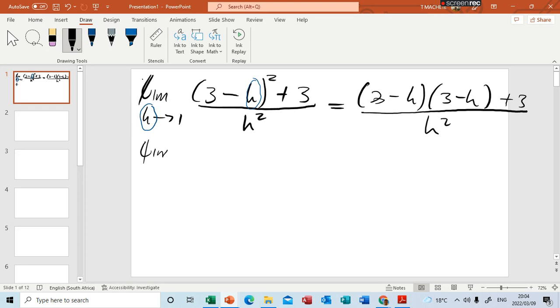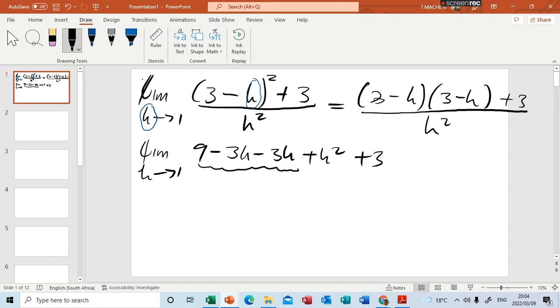Then you're going to have the limit as h approaches 1. Then you can remove the brackets. It's 9 minus 3h minus 3h plus h squared plus 3, all divided by h squared, is equal to 9 minus 6h plus h squared.